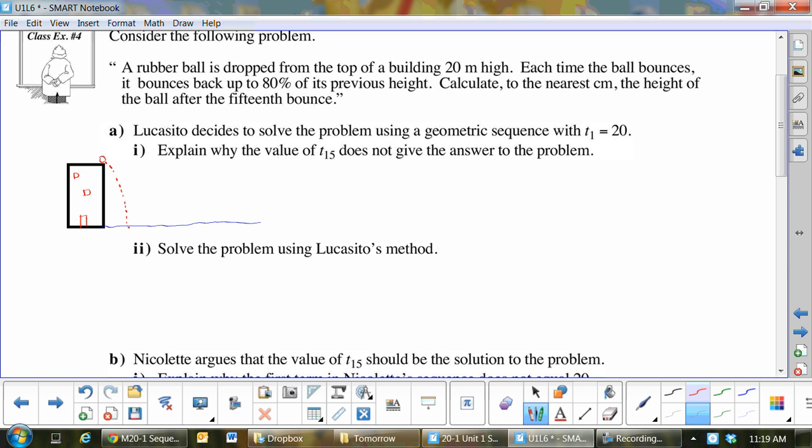Now you guys know that a ball doesn't actually make those little dots. Those are imaginary. Right? So, but this is easier for you guys to see. Now it will bounce up 80% of its height. Again, this is imaginary, but it will go up this high, right? And at that point, it will come down again.